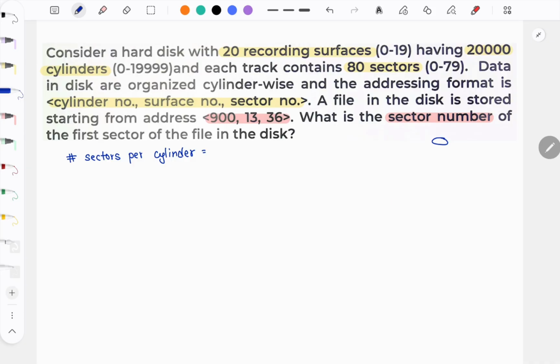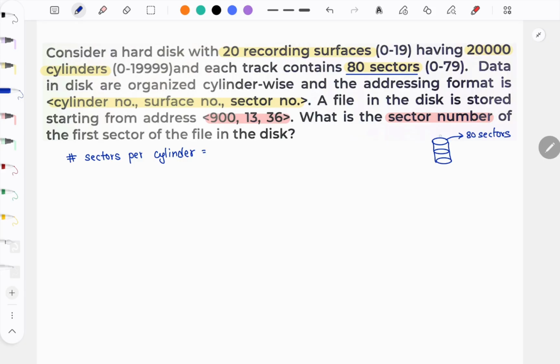We know that this is a track, and when we combine multiple tracks, we form a cylinder like this. We are already given 80 sectors per track, meaning one track has 80 sectors.